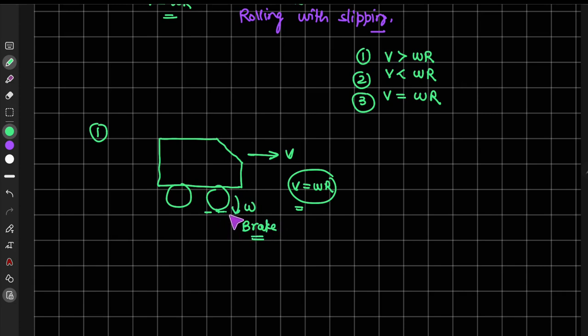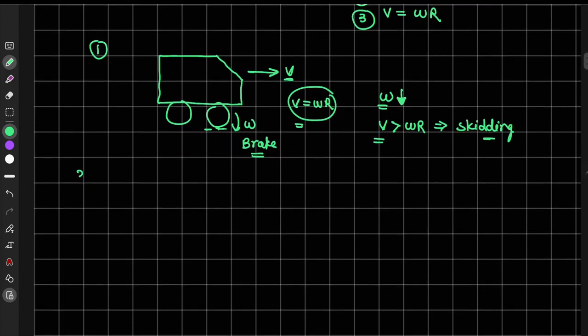Because of applying the brake, you are trying to reduce omega, but at that time instant the velocity is the same as before, so your omega has reduced. Because of that, now velocity is greater than omega r. This is the condition of skidding, when you have the velocity more than the velocity due to the rotation.